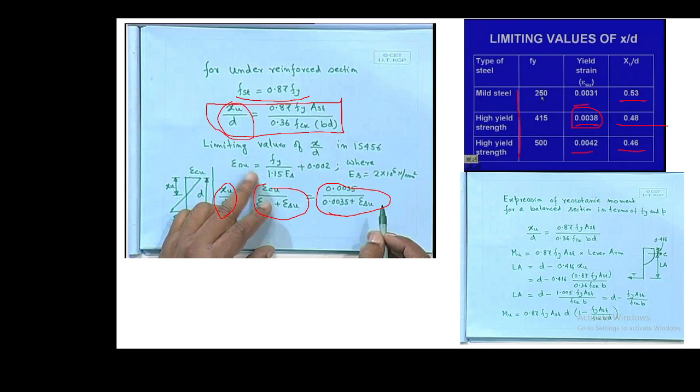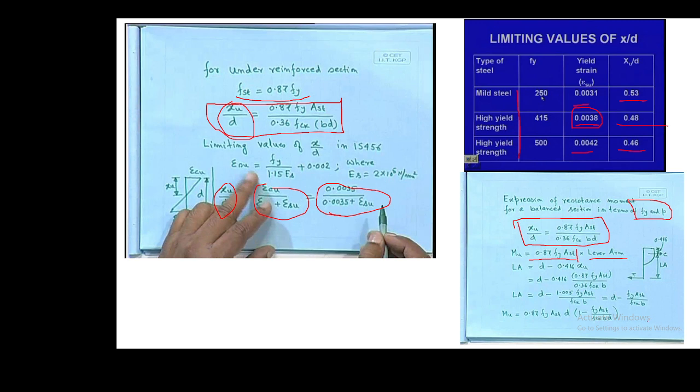So the expression for the moment of resistance for a balanced section in terms of Fy and the percentage of steel we'll see now. As we know, the XU by D formula is this one. So Mu can be calculated as 0.87 Fy AST, which is the tensile force, into the lever arm, or it may be the compressive force into the lever arm.